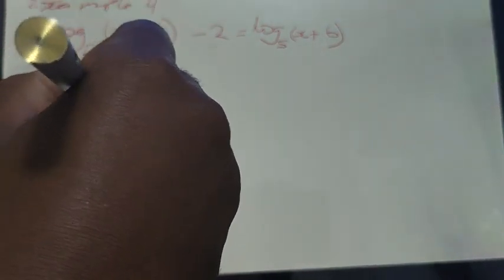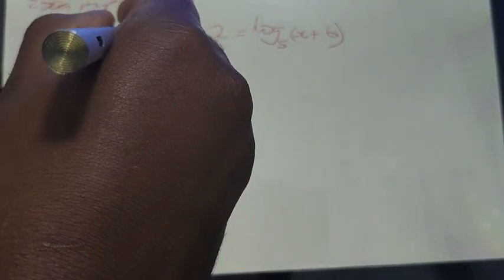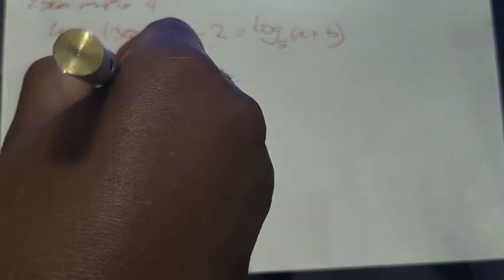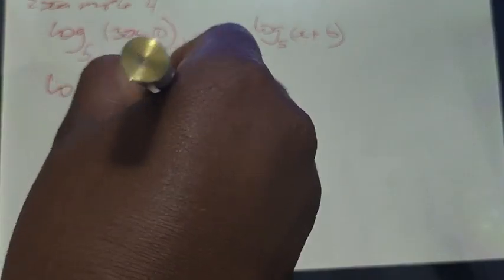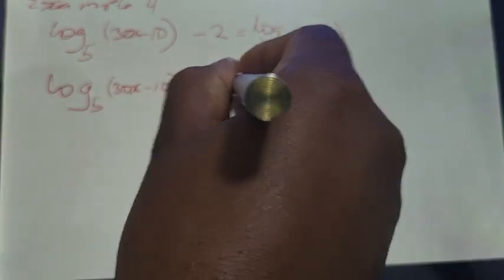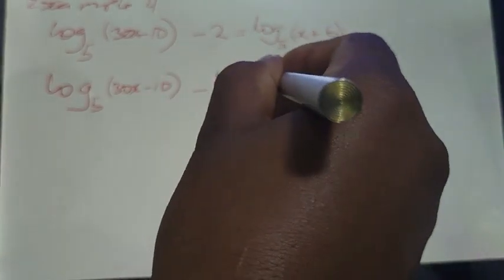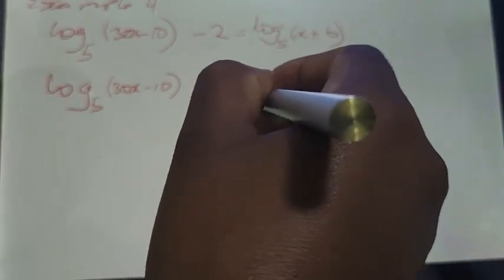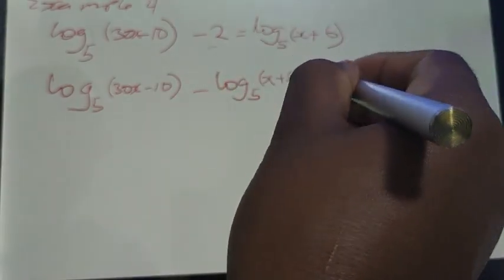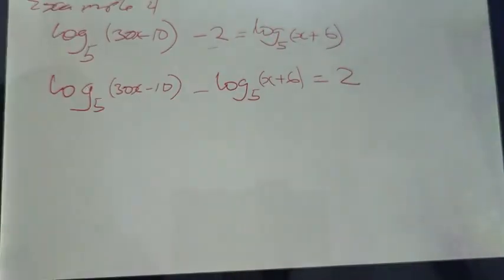Log base 5 of (30x minus 10) minus log base 5 of (x plus 6) should be equal to plus 2.